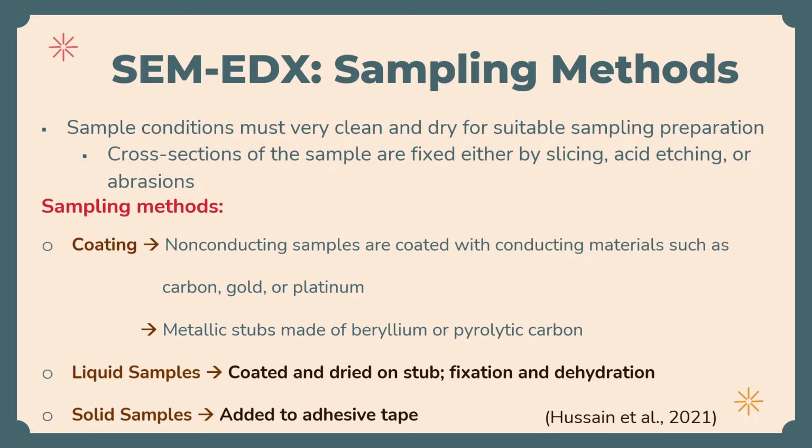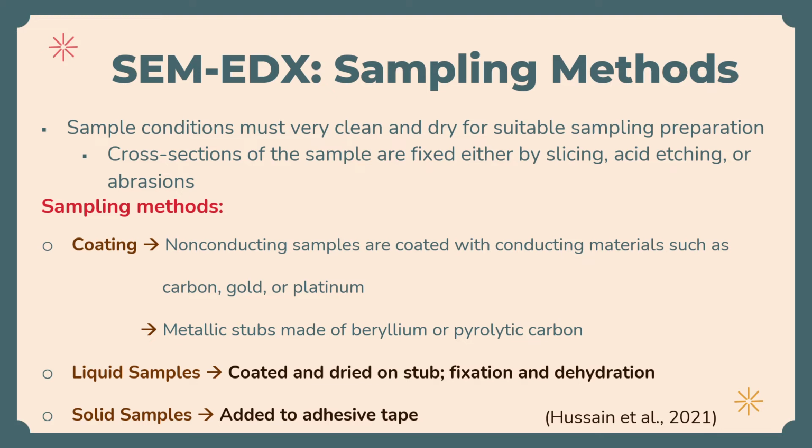In SEM EDX, metallic stubs are used for various types of samples, and these are made of beryllium or pyrolytic carbon. For liquid samples, these are coated and dried on the stub within the instrument, and fixation is often used when the sample needs to be treated with a buffered chemical treatment, such as glutaraldehyde, in order to preserve or stabilize its sample's structure.